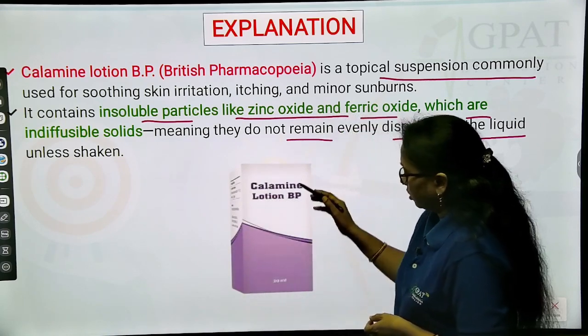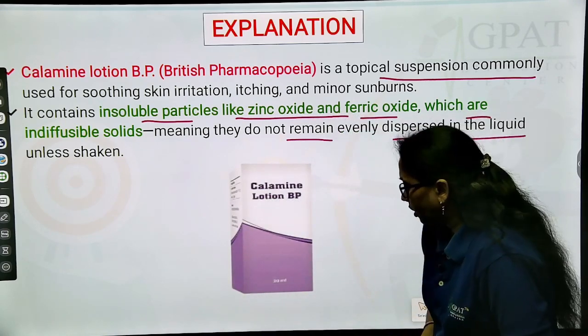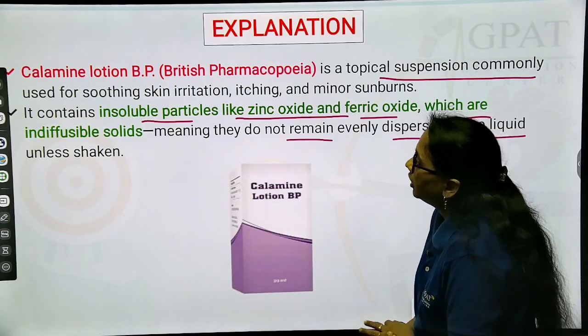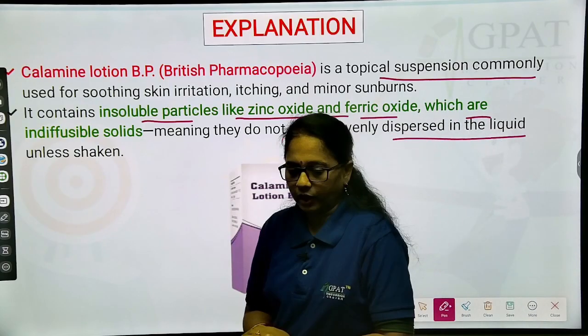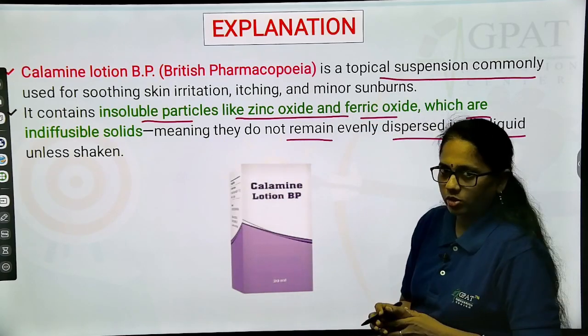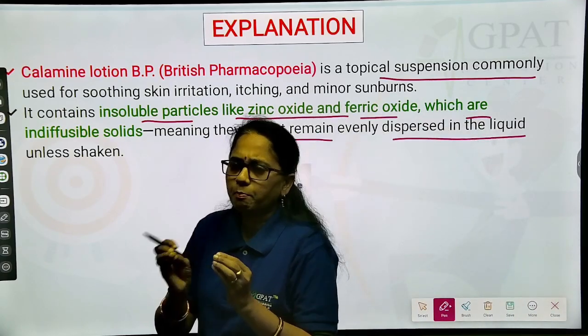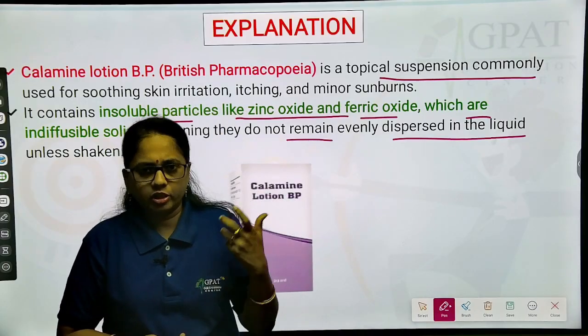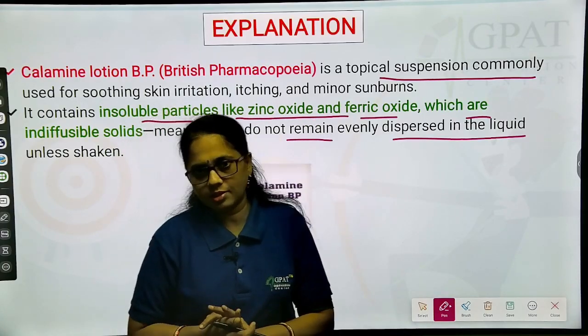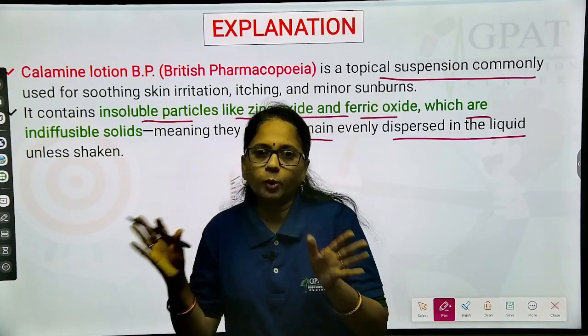Okay. So, calamine lotion is available in different sizes in the market. This is official in the British Pharmacopoeia, which contains insoluble particles like zinc oxide and ferric oxide. Okay. So, for simple minor cuts or any type of soothing effect, as a sunscreen-like agent, they use this calamine lotion, majorly because of the topical soothing effect.